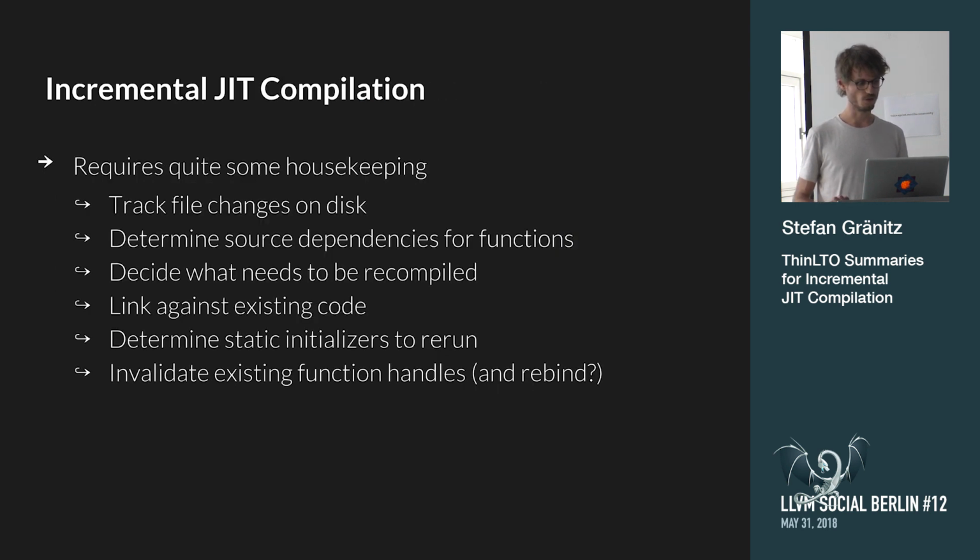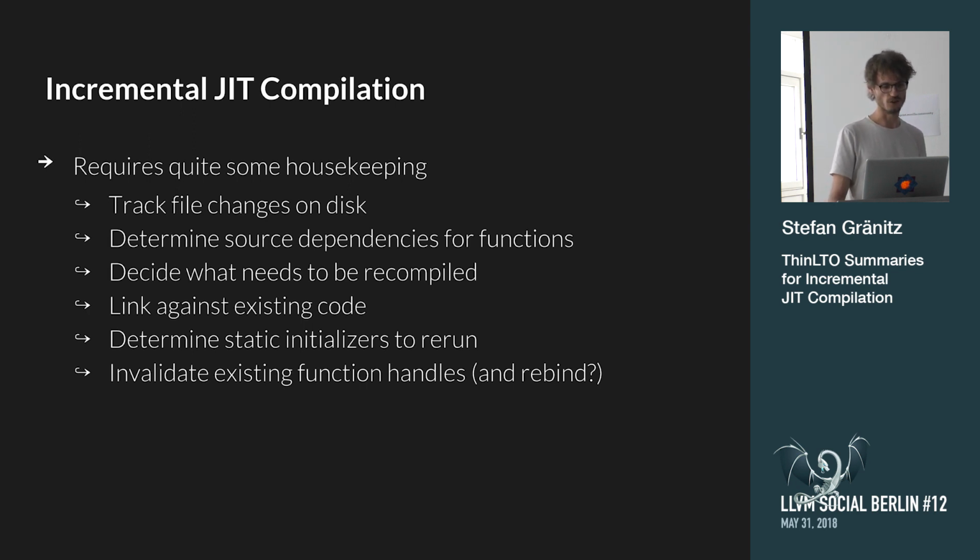So we need quite some housekeeping to realize an incremental JIT compiler. We need to track changes on disk. We want to determine where our function lives, in which code we actually need to compile. We want to decide what needs to be recompiled if something changed on disk. We want to link against existing code because we don't want to recompile everything.